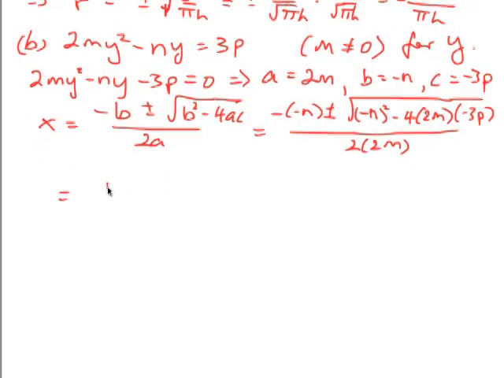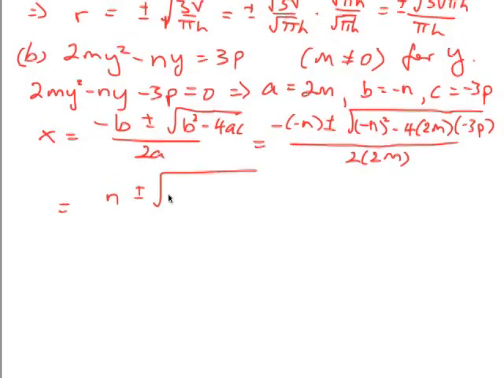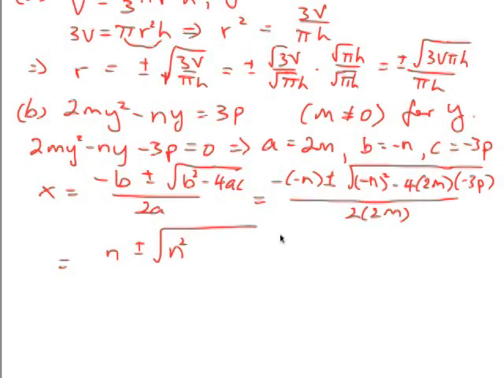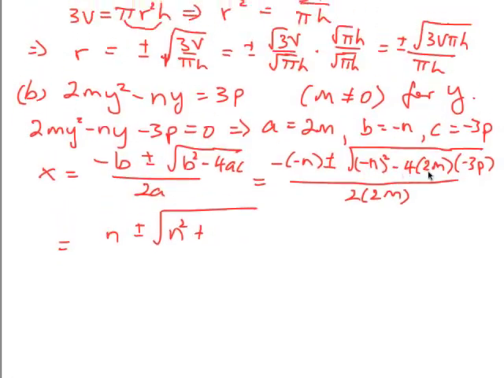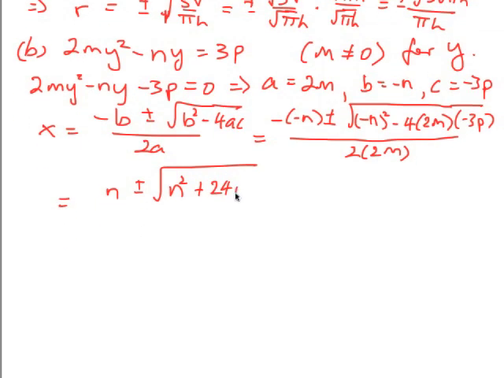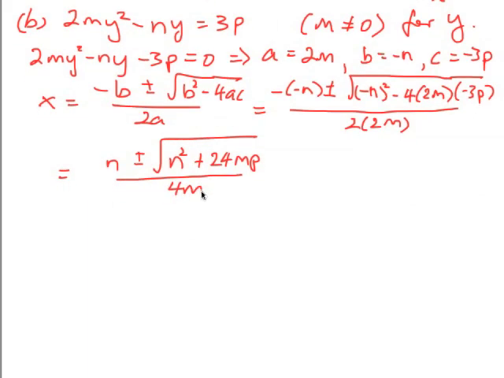So this would mean that I'd have an n here, because negative by negative, plus or minus, I'd have an n squared, and we've got negative by negative is positive, 4 times 2 is 8, by 3 is 24 mp, all over 4m.